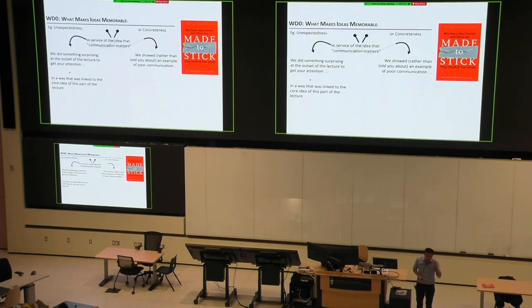But what's key about the way that they define these concepts is that it has to happen in a way that's connected to the core idea of the lecture. Okay? So it's not necessarily just me appearing in a chicken suit or something that's unexpected in that way, but it's connected to the core idea of a lecture. And here we followed up on that concrete experience by discussing its impact on its impression of our authority.